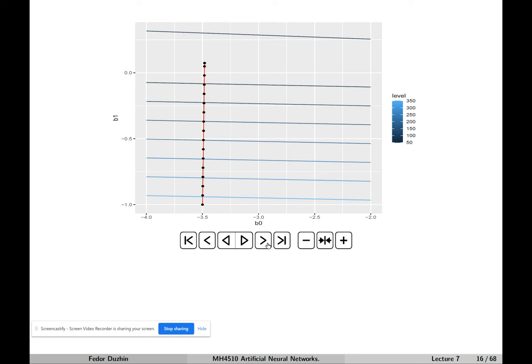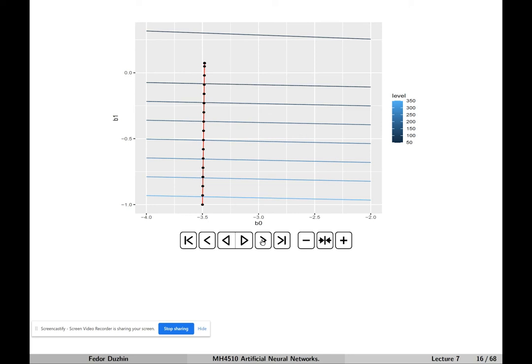But at some point, when I'm making new steps, the value of L hardly changes anymore. It doesn't visibly change, and the values of beta 0 and beta 1 change just a little bit. Because of the poor resolution of this picture, it looks like it is not really changing. But as a matter of fact, this point is moving a little bit to the right or a little bit to the left. It's moving very, very slowly. I'm trying to move it further, but I cannot really see any visible change.